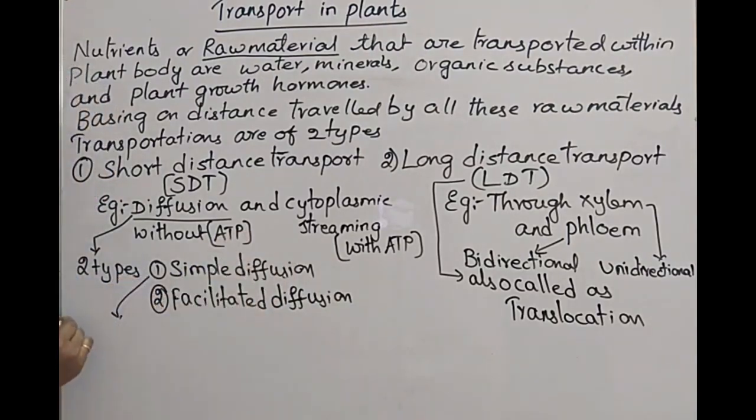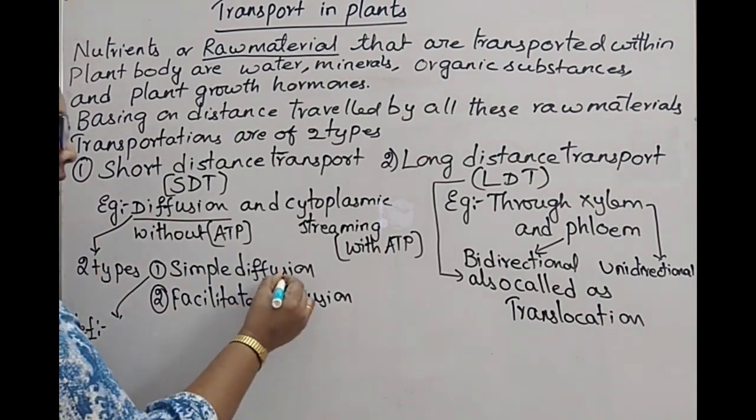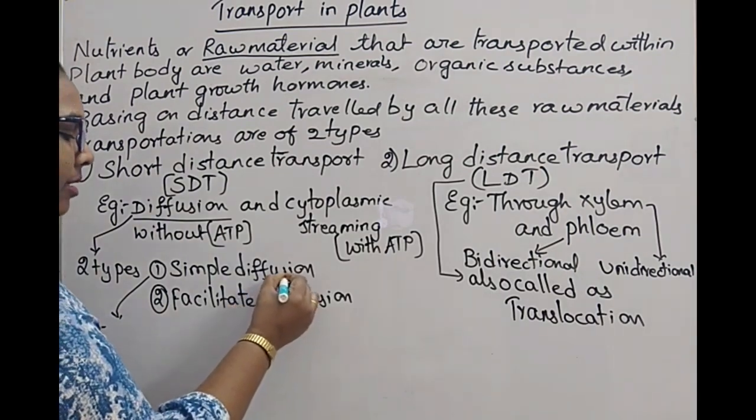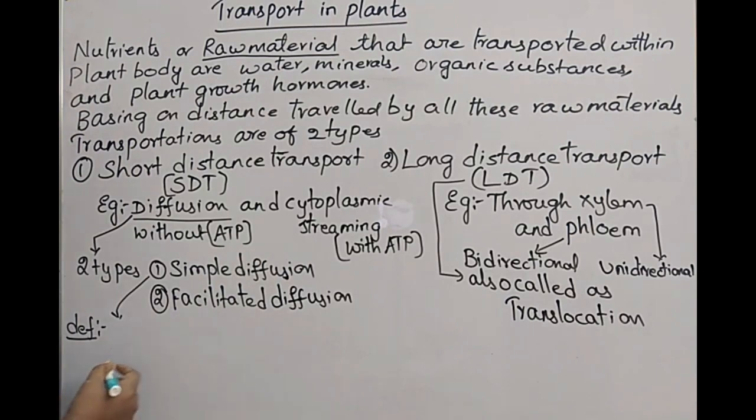Simple diffusion can be defined as the process of transportation of solute particles like ions, small sized particles, minerals, etc. from their higher concentration to their lower concentration without utilization of ATP.